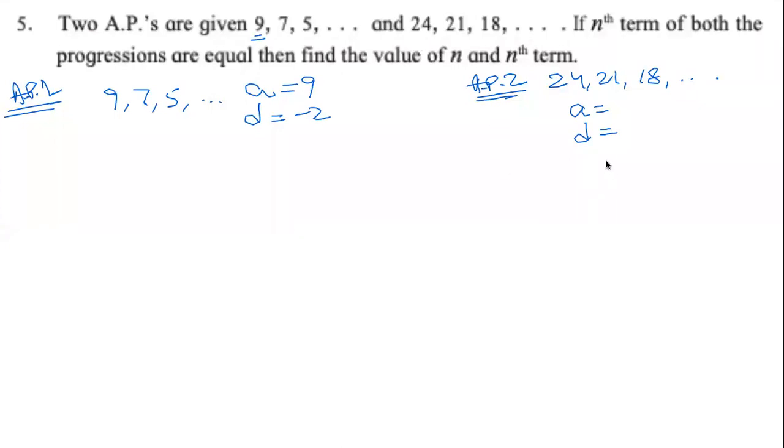A is 24. The first term is very clearly visible. And the common difference is 21 minus 24 or 18 minus 21, which is minus 3. So A is 24 and D is minus 3. These are two different APs.